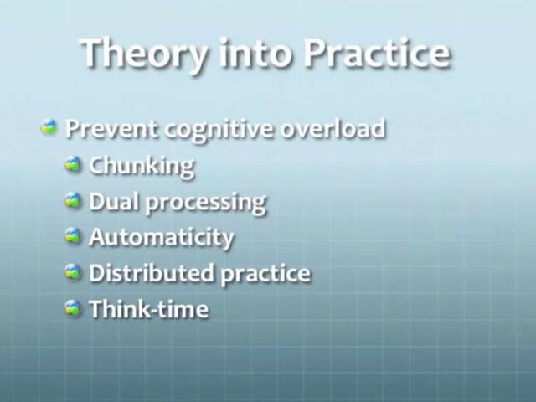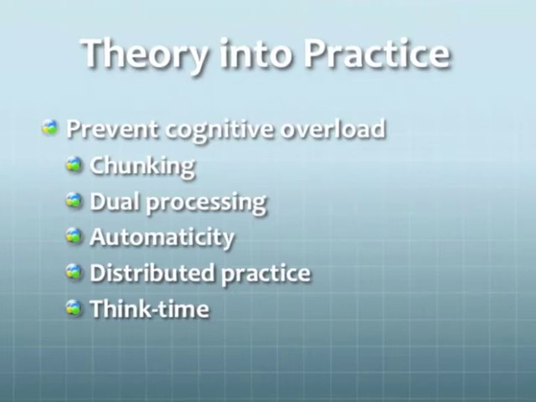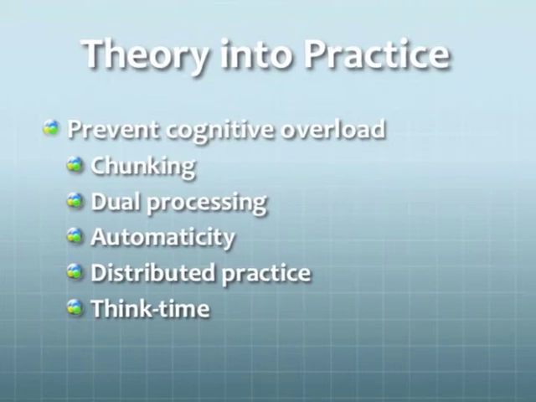It's going to be more effectively processed than simply hearing the name of the spice. Automaticity, we've talked about, helps prevent cognitive overload as well because that piece of information is unconsciously brought in and retrieved. You don't really have to think about it or reprocess that information.